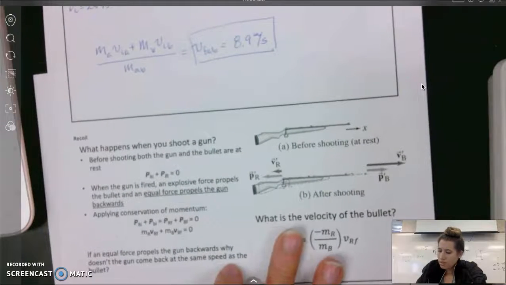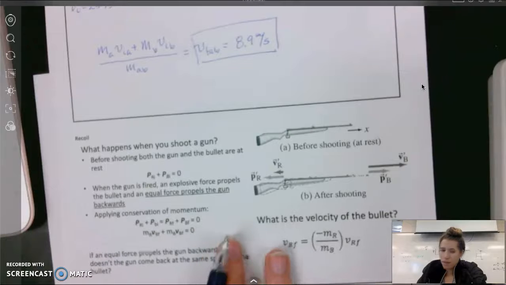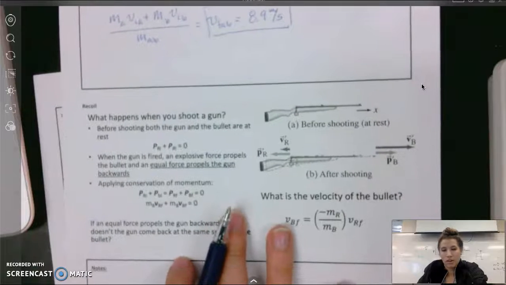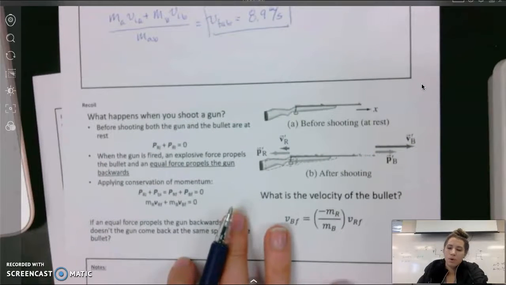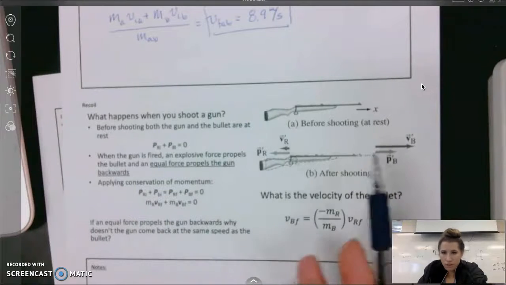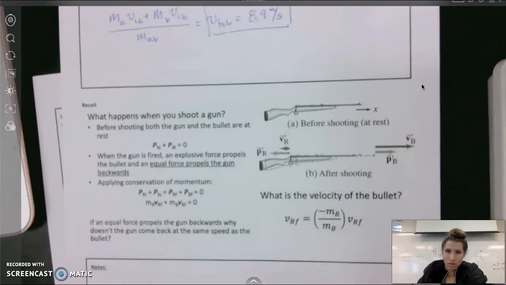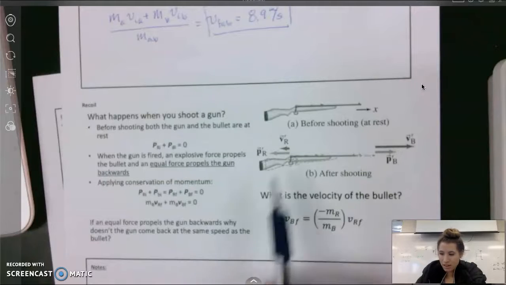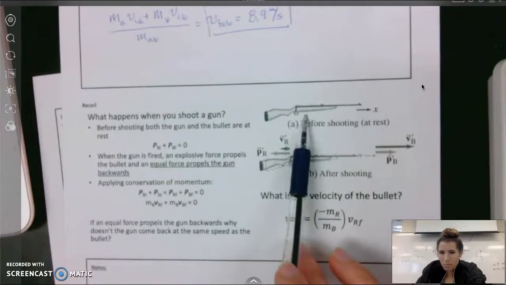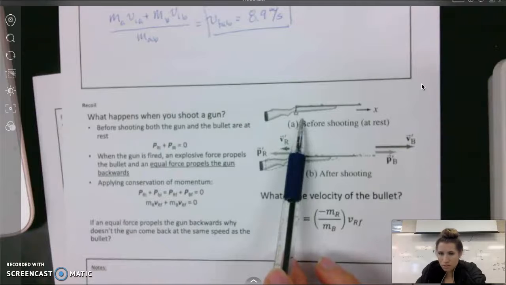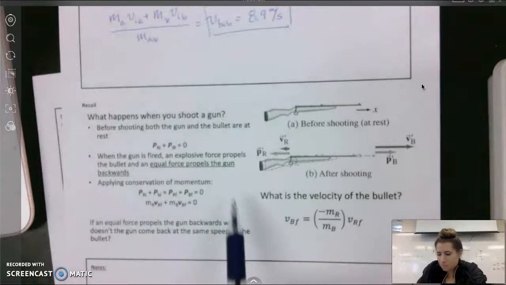So what's happening as far as momentum goes and conservation of momentum when we're firing a rifle or a gun? We have a bullet and we have the gun. So those are two objects. And when the bullet is loaded into the gun, then we can call that one object, right? The mass of the gun plus the bullet, like when the cars were combined.